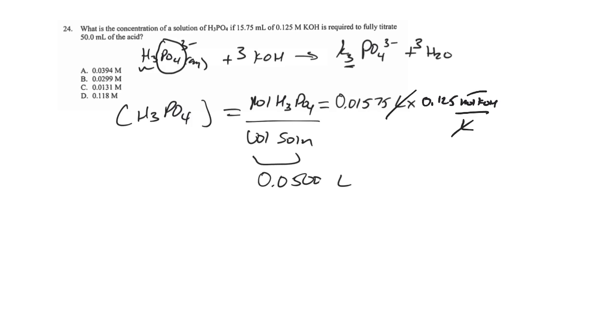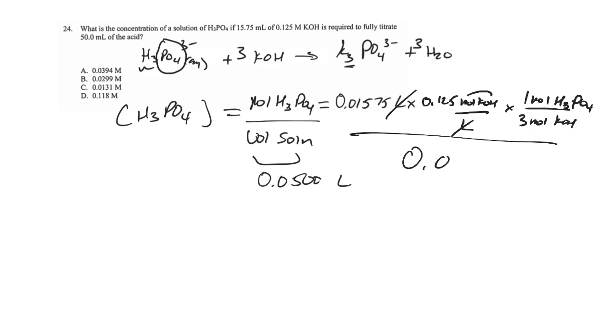We get the moles of KOH. 3 moles of KOH had to be added for every 1 mole of H3PO4 originally present. So that gives us the moles of H3PO4. So we take the moles of H3PO4, divide by, again, the volume of that solution. It's 0.01575 times 0.125, divide by 3, divide by 0.05. So we get 0.0131.